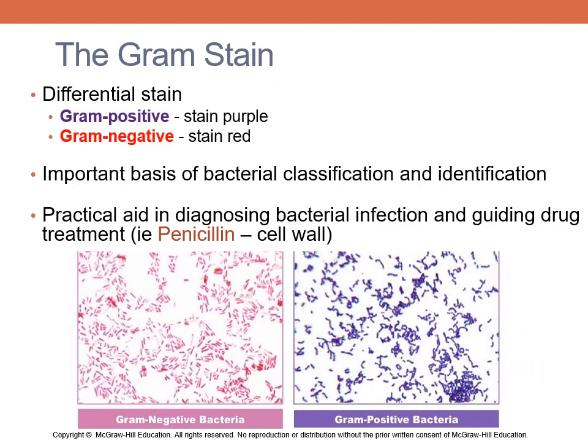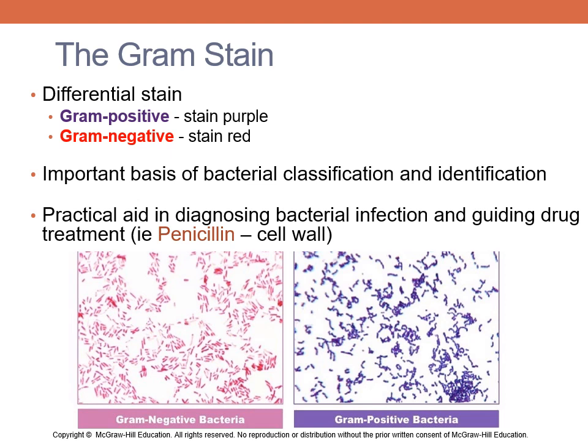The Gram stain allows you to group organisms into two broad categories of gram-positive and gram-negative. This stain was created by Hans Christian Gram, which is why Gram is always capitalized. It's an important first step in the classification and identification of unknown bacteria.